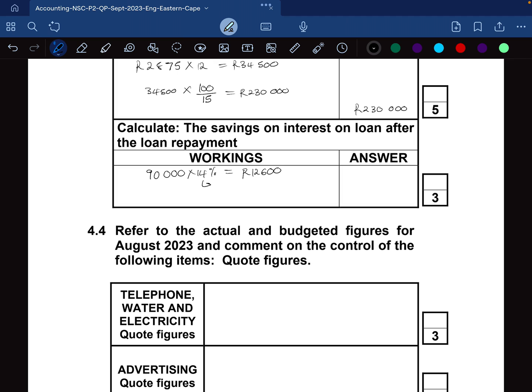But remember that the 14% is per annum, so we would need to determine the monthly amount, because this would be for a month only. So we would say the 12,600 divided by 12 months. Then we get 1,050. So that is the saving that we have per month.